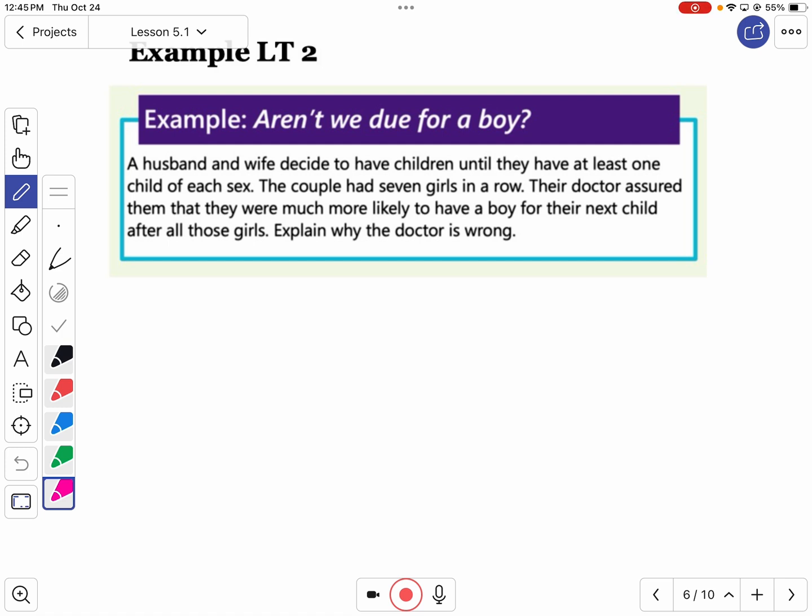He's manipulating the law of large numbers, okay? Because what's your chance of getting a boy or a girl every time? It doesn't change. It is a 50-50 chance every time. So the fact that he's had 7 girls in a row does not guarantee there would be a boy next time.